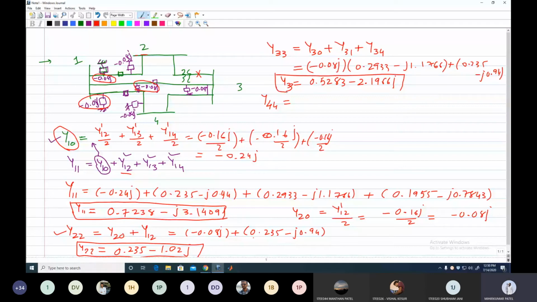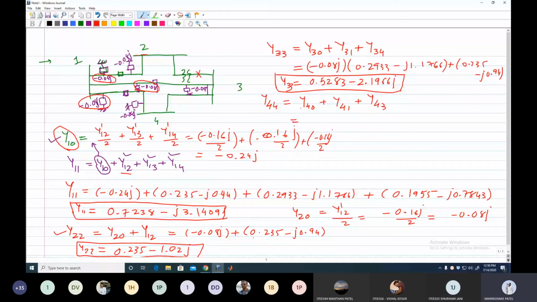Then Y44 is equal to Y40 plus Y41 plus Y43. Who will give the answer? What is the total shunt admittance at bus number 4?